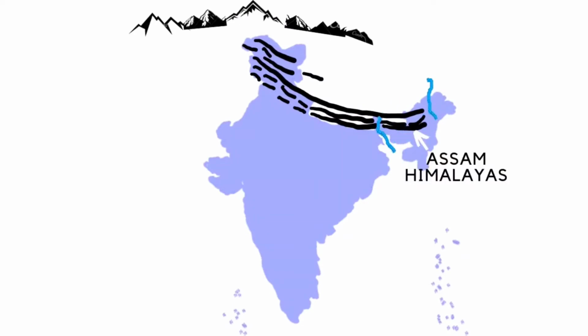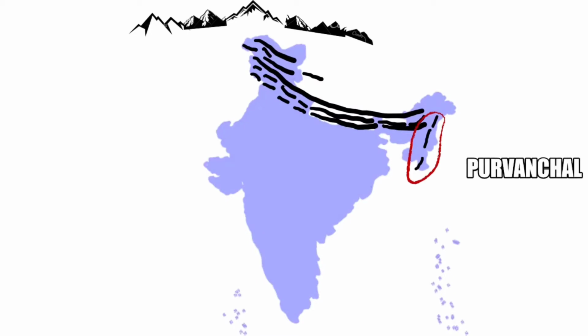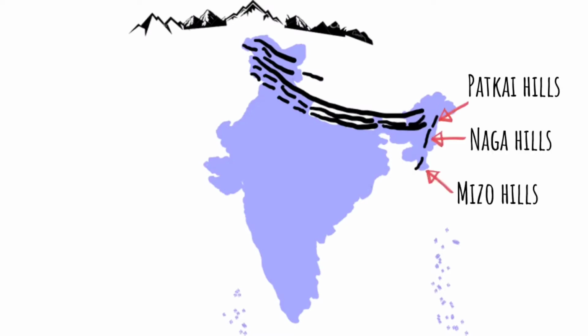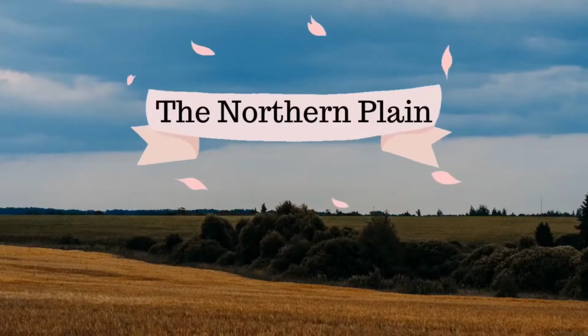Assam Himalayas. And now we saw the Himalayan rivers; these places have been created by the Himalayan glaciers. These places are called Purvanchal, and then Patkai Hills, Naga Hills, Mizo Hills.